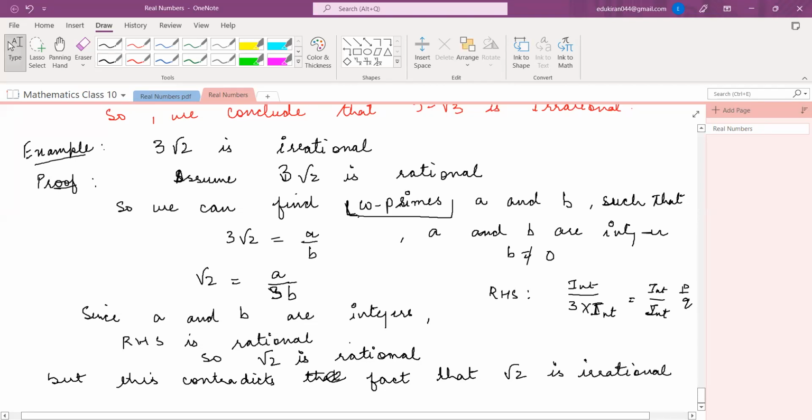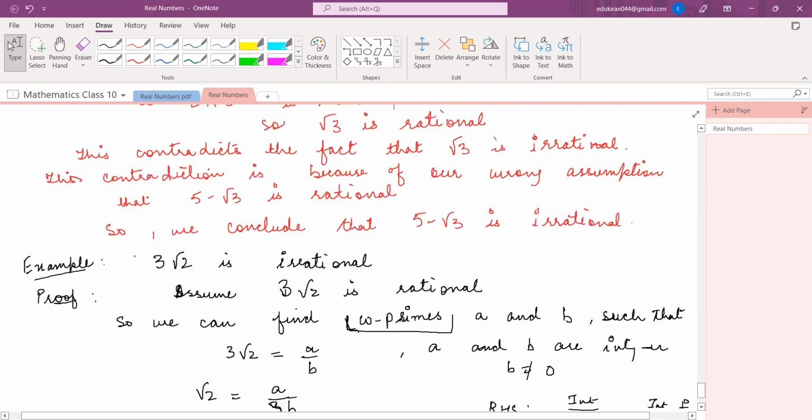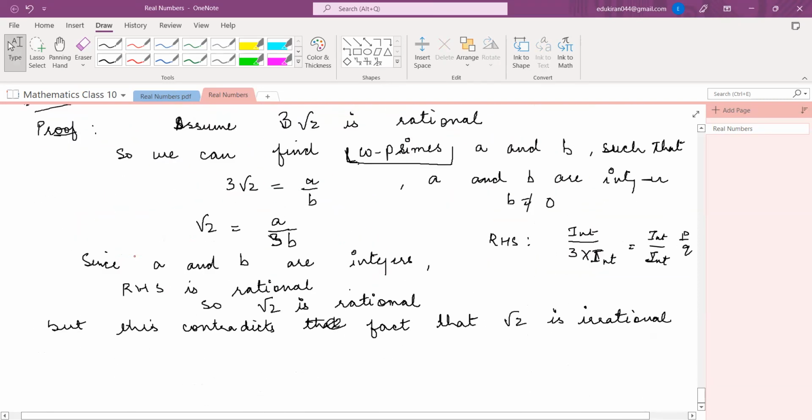Right? So the same line you have to write again that this contradiction is arising because of our wrong assumption, and therefore 3 root 2 is irrational.